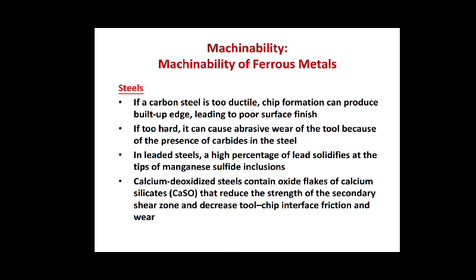In leaded steels, a high percentage of lead solidifies at the tips of manganese sulfide inclusions. Calcium oxidized steels contain oxide flakes of calcium silicates, CaO, that reduce the strength of the secondary shear zone and decrease tool chip interface friction and wear.